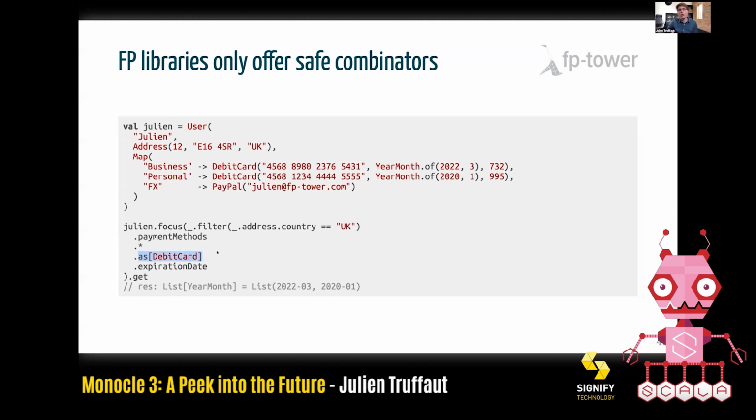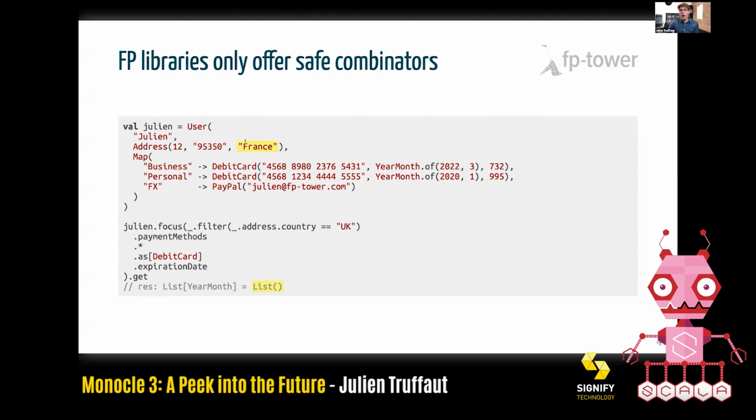Then I say I only want the payment methods that are debit cards. And then I want to get their expiration date. So now I get two results, because this user is in the UK and has two debit cards, so I get his two expiration dates. It's quite nice. Here I use get, but I could very well have used modify or replace. It's just smaller to put on slides.